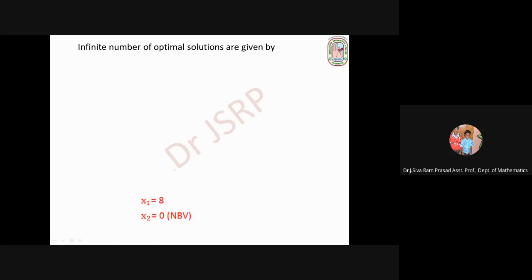So infinite number of optimal solutions are given by the convex combination of the two solutions. The first solution is this one, x1 is 8, x2 is 0. The second solution is this one, 12 by 5, 42 by 5. We have to write the convex combination of these two solutions.